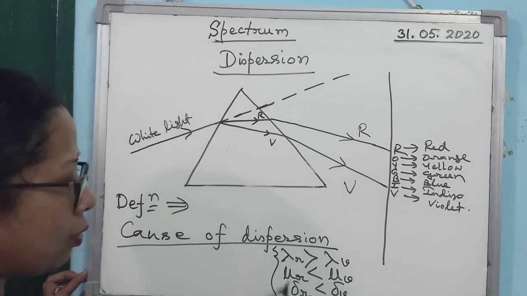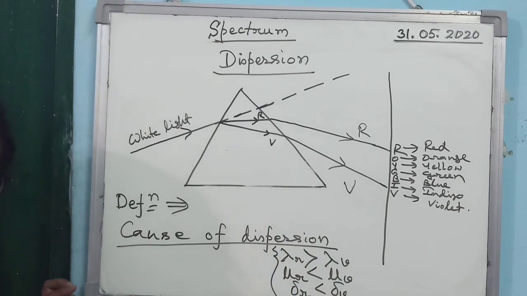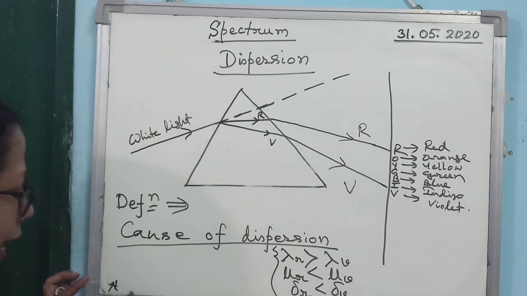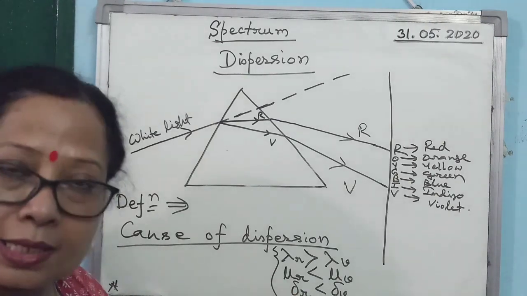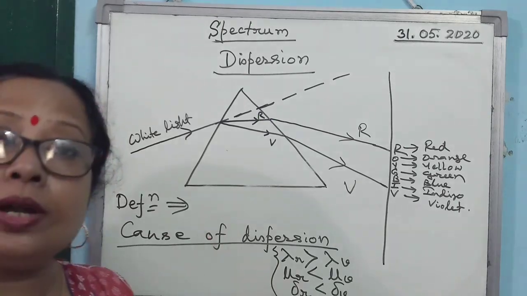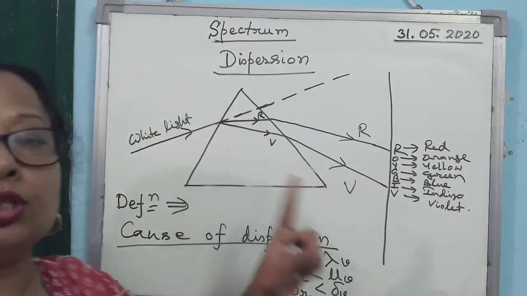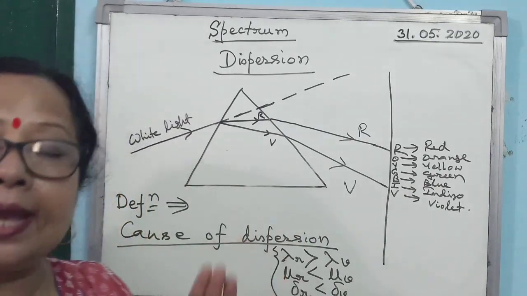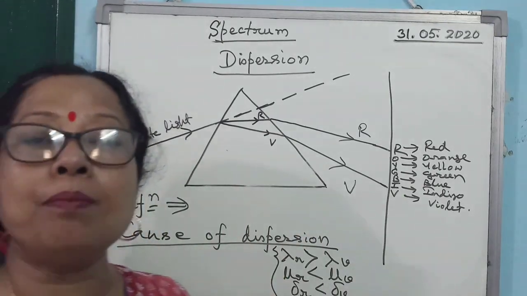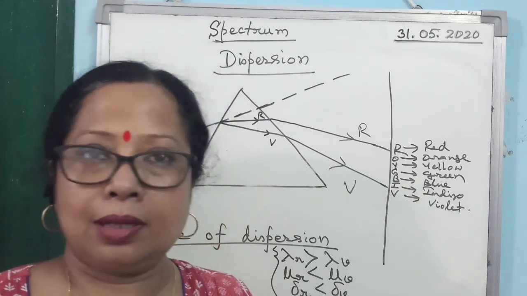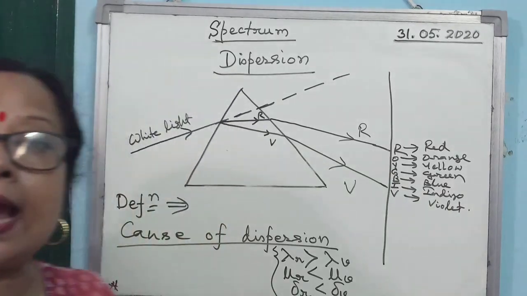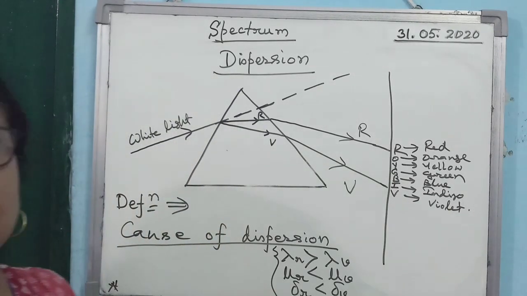So first of all you will write down these 3 steps. Alright, then next you write down, putting the asterisk, different colors suffer different amounts of deviation while passing through the prism and get separated from each other. I hope you have understood. So that is the cause of dispersion.